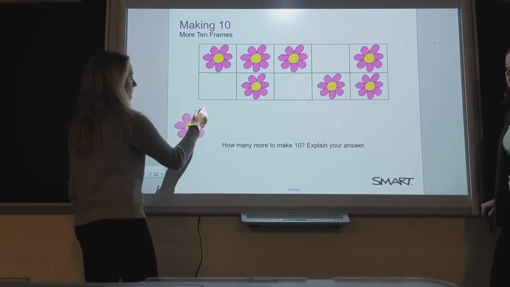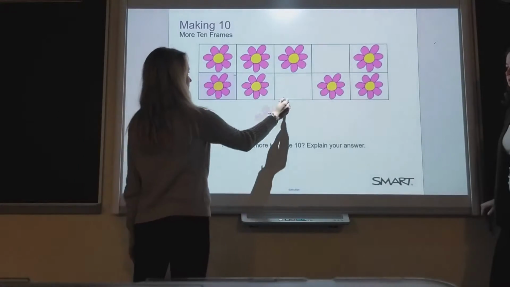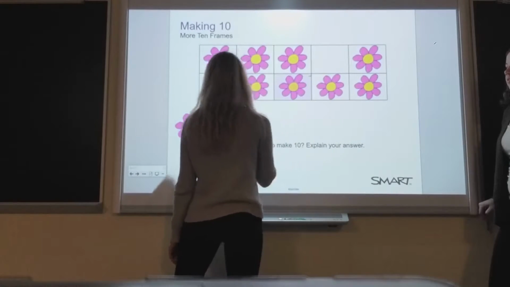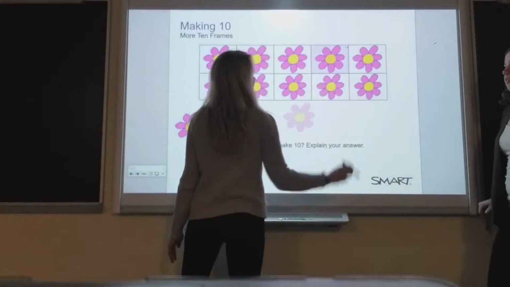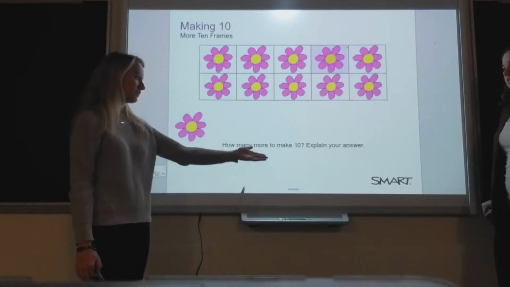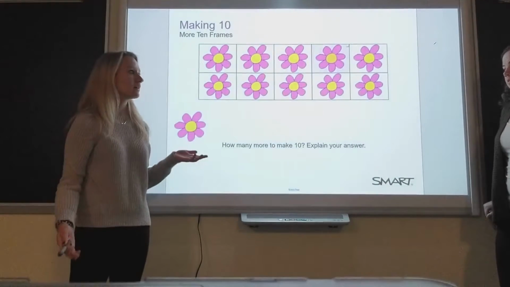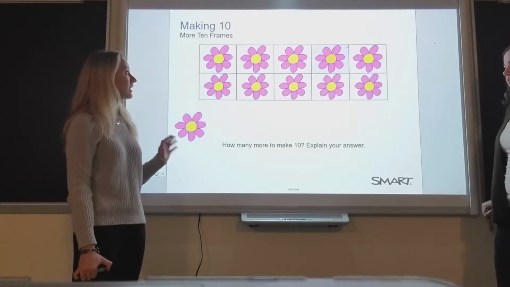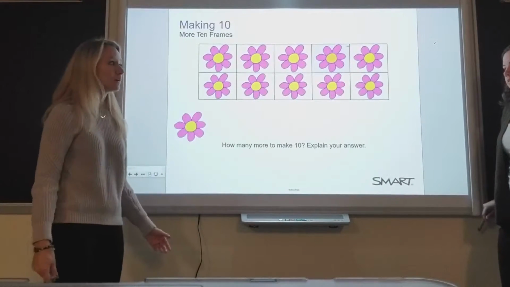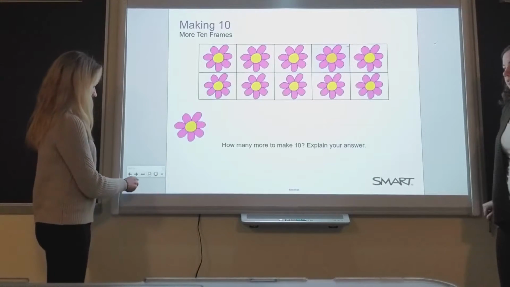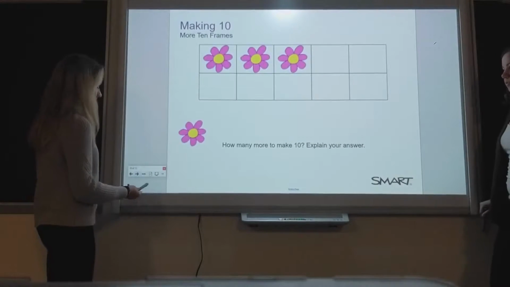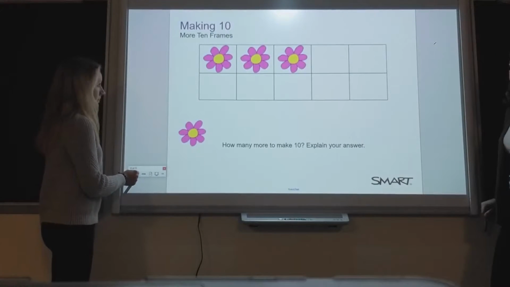So a student would come up and fill all the boxes, saying 1, 2, 3, and then their answer would be it takes 3 more to make 10, and we would have them explain their answer. The explanation could be as simple as, I filled the boxes with 3 more flowers, therefore 7 plus 3 equals 10. And we would have them do another example like that again, calling on a different student.